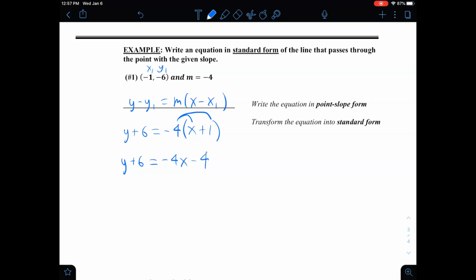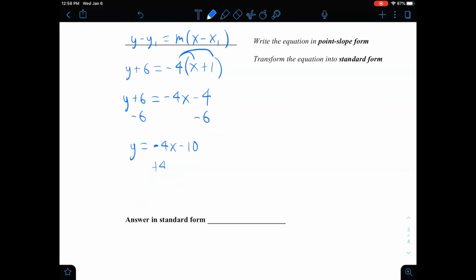So what we need to do is combine like terms first, and move the x and y to the same side. So I'm going to subtract 6 from both sides to get y by itself: negative 4x minus 10. And then I'm going to add 4x to both sides to get x and y on the same side. Okay? So we get 4x plus y equals negative 10. And that's in standard form, okay?